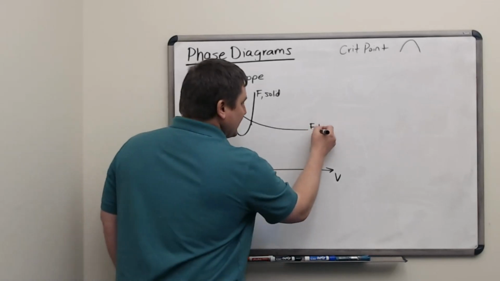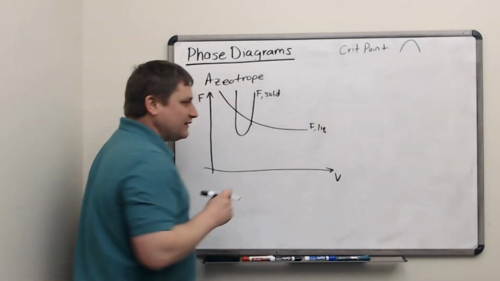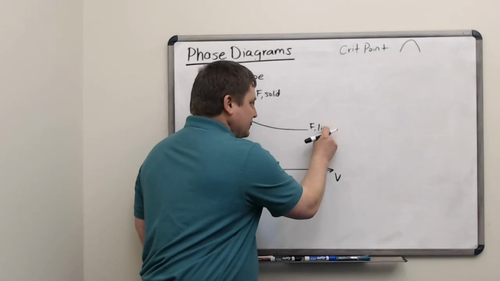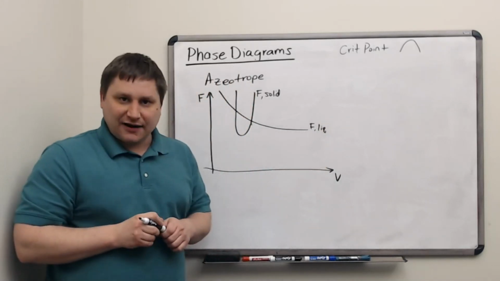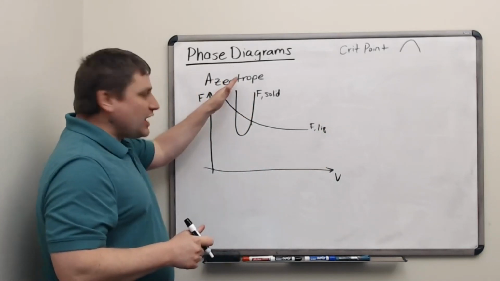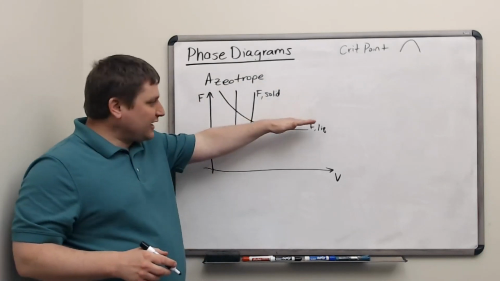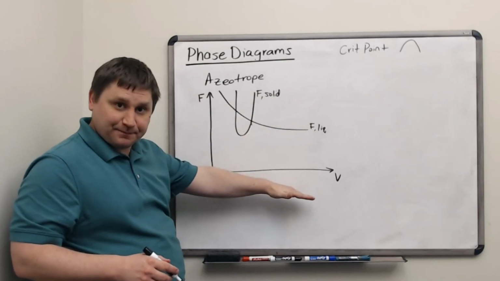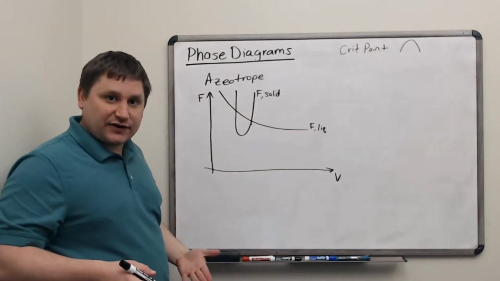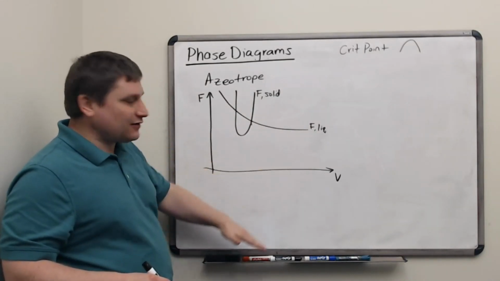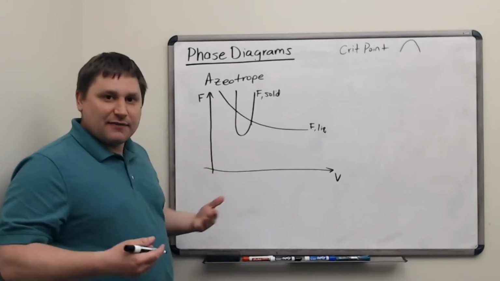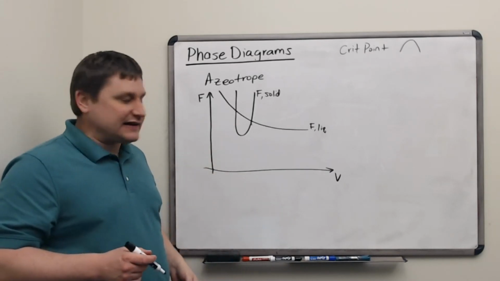If we did the same thing for some matter in the liquid state, we would get something which is much flatter. So the shape of the azeotrope comes from the fact that this liquid curve will move down as temperature increases. It'll move down much faster as temperature increases than the solid curve because liquids have more entropy than solids.